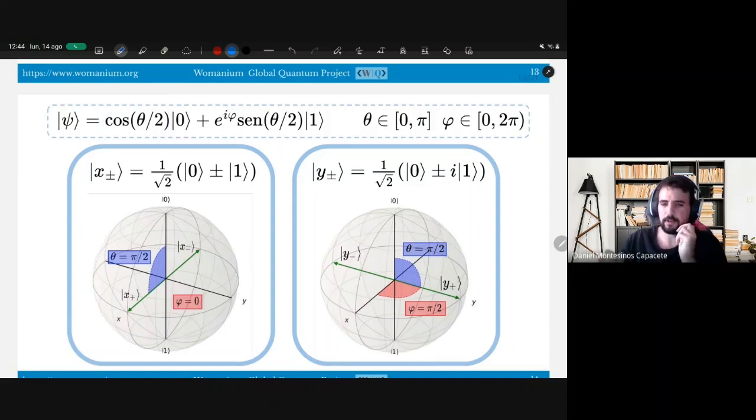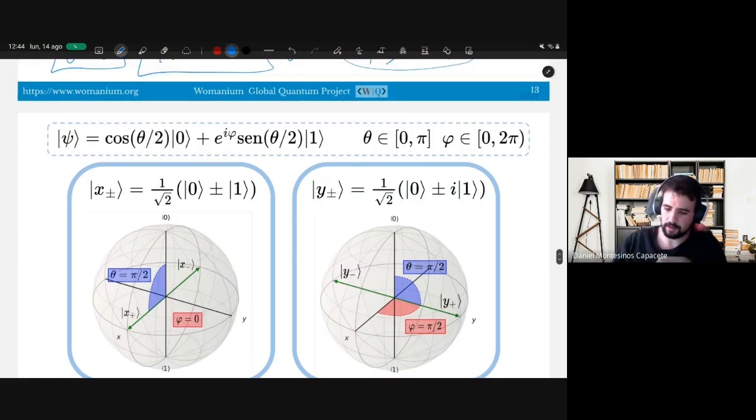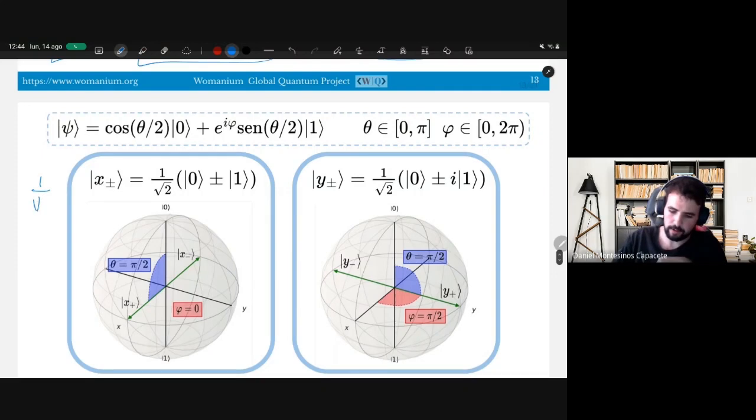And pi over 4 is just 45 degrees, the half of 90 degrees, and the cosine of that is just 1 over the square root of 2. So that's why you get this and this. And also this plus minus comes out of the phi angle.